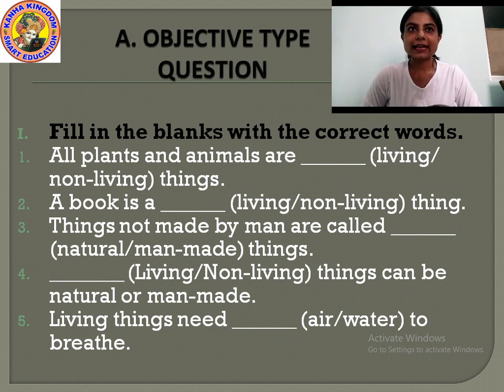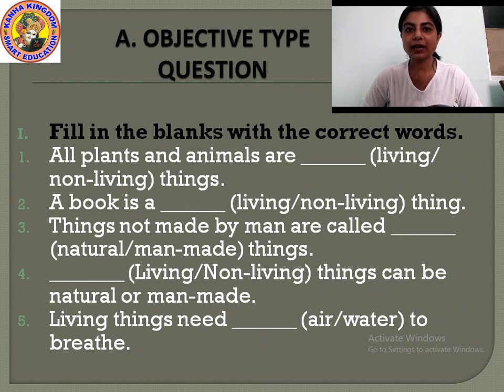So now students, let us begin with the question and answers, the exercise. Our first question is an objective type question. Fill in the blanks with the correct word. There are two answers, you need to choose only one.